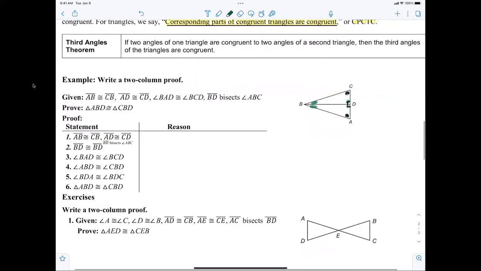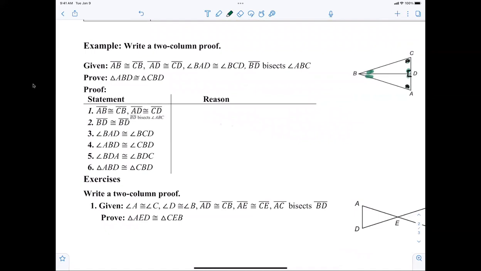Write a 2-column proof. We're trying to prove that the triangles are congruent. So how do I prove the triangles are congruent? I must demonstrate that what? All the sides are congruent. All the angles. Now, instead of saying all the sides and all the angles, I would prefer you add one more word in there.